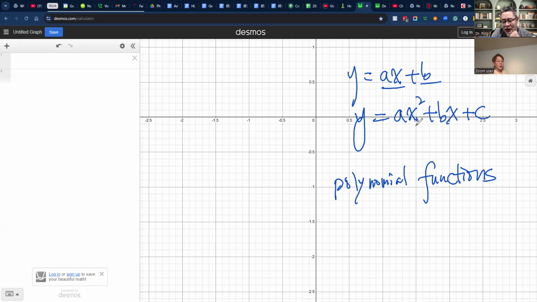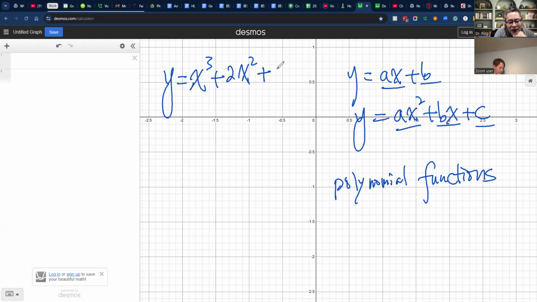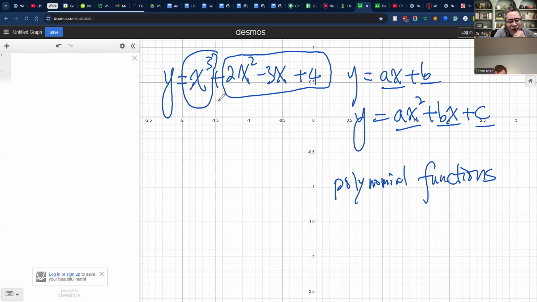So there are two terms, three terms. But we could have a function like y equals, say, x to the third plus 2x squared minus 3x plus, say, 4. Now, in this case, this part is the quadratic function, but here we have one more term, which is the cube. So this is called a cubic function.